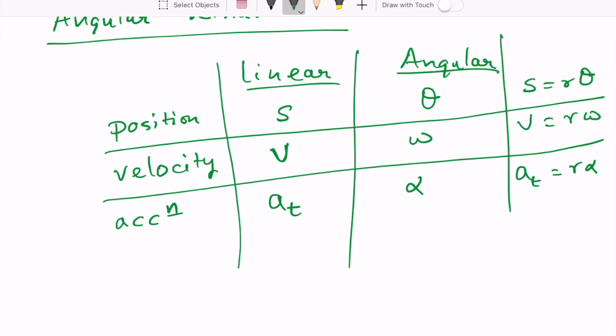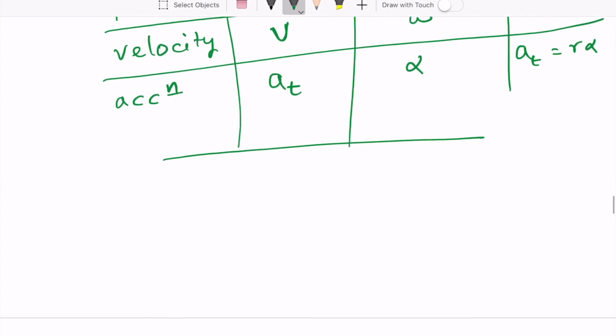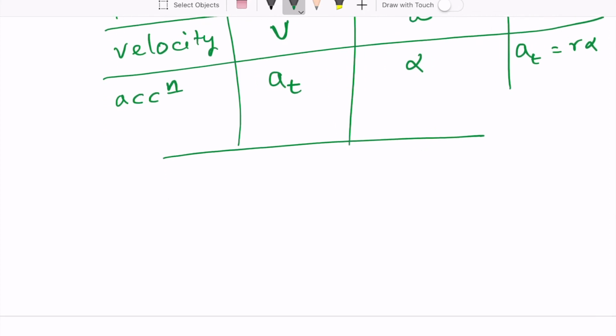Now, this table actually goes on longer than this, but we're going to come back to this table later on. For now, let's recall one other thing from when we studied position, velocity, and acceleration in chapter 2. We saw that if the acceleration is constant, then the position, the velocity, and the acceleration are connected by simple algebraic equations, which we call the kinematic equations.